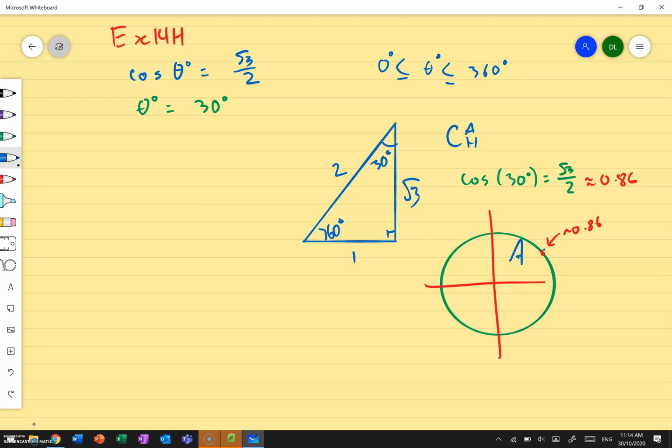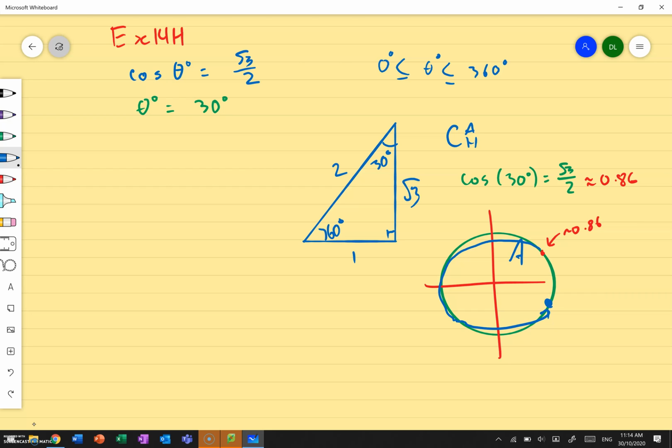If I keep going around, if it gets to this point, that's going to be a negative x value, so I don't care about that one. I'm going to keep going all the way around here. In this quadrant, it's also going to be negative. And you end up over here, where this point right there will give me also 0.86. Any questions about that? No? Okay. With that in mind, I know that I need to get to that point right there.